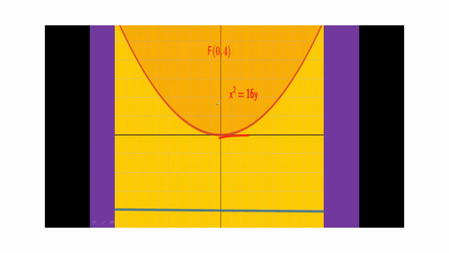The parabola opens upward, and the focus is at point (0, 4). The distance from the vertex to the focus is p, which is 4, and the distance from the vertex to the directrix is p, which is 4.